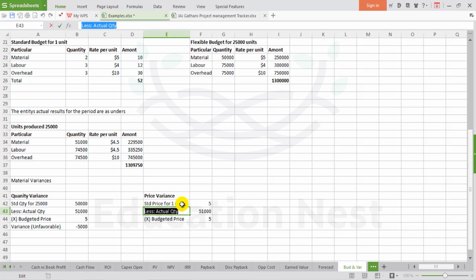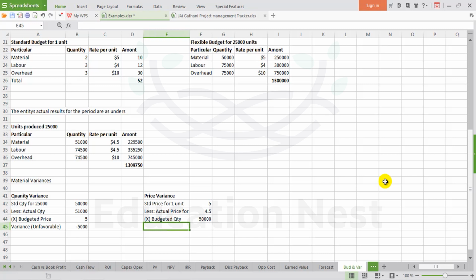Actual price is going to be 4.5, multiplied by the budgeted quantity. We're going to take the budgeted quantity because the reason why the variance exists because of quantity is already taken care of by the quantity variance over here. The budgeted quantity is supposed to be 50,000 units.